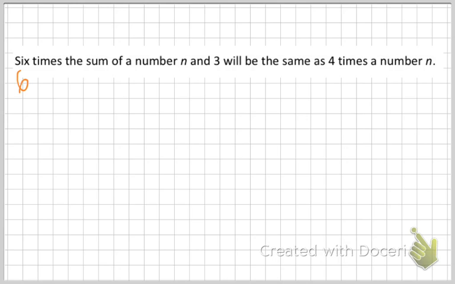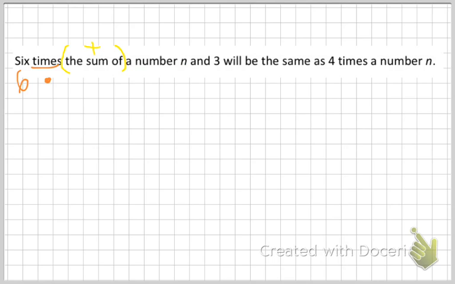Next we have 6 times, which is an operation. We multiply. The sum of, those 3 words, represent parentheses. And in those parentheses, we're going to add. What are we going to add? Well, after the word of, we have a number n.